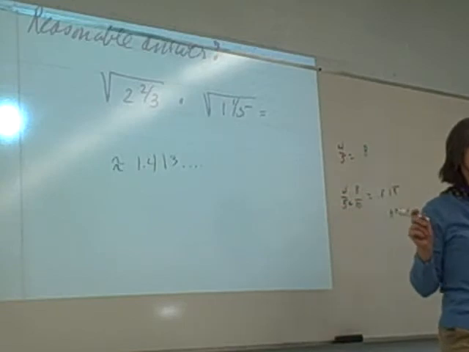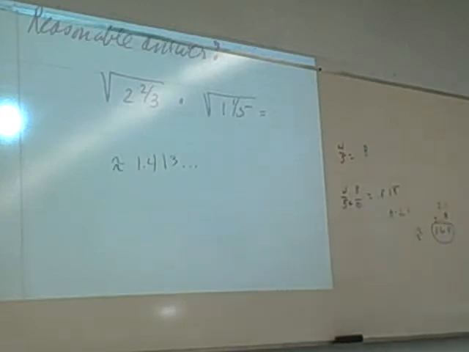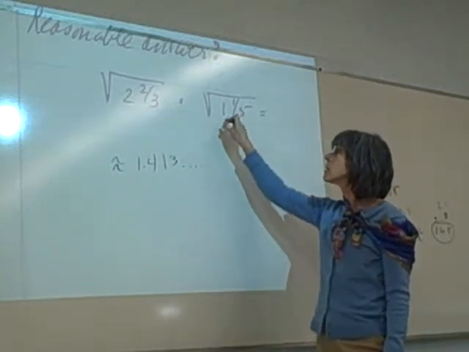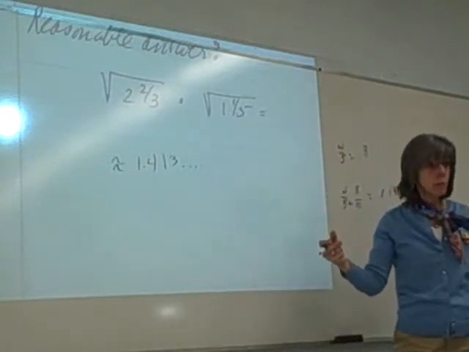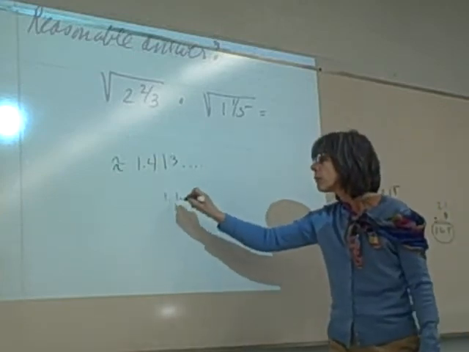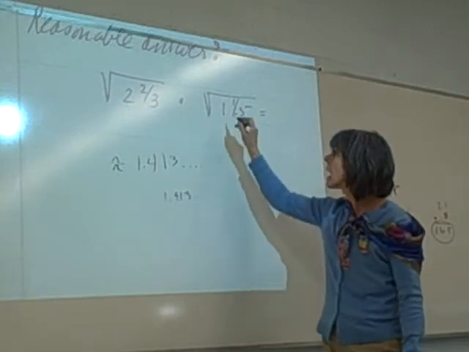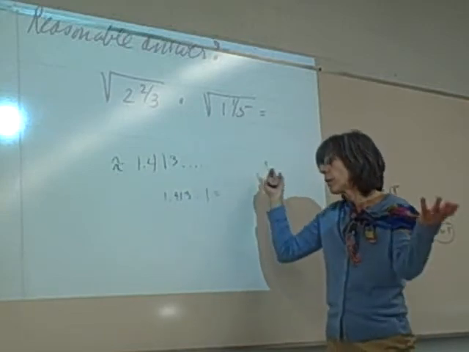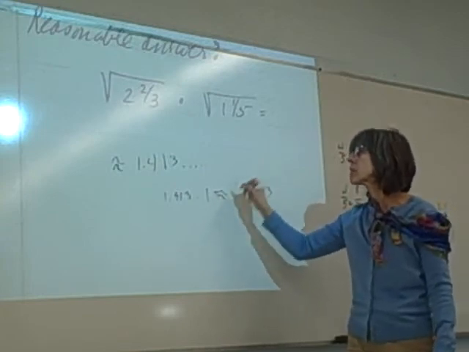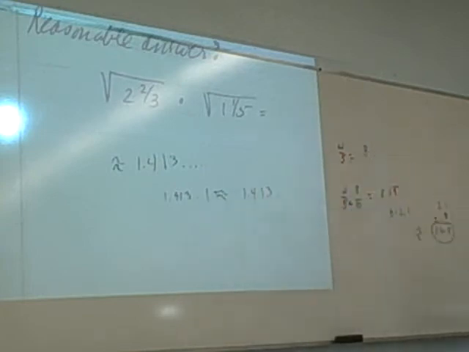Okay. And so, what is the square root of 1? 1. Okay, so 1.413 times 1 is going to be what? 1.413. And this is just a gross estimation.